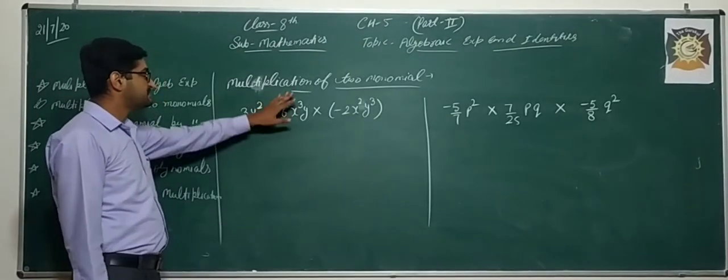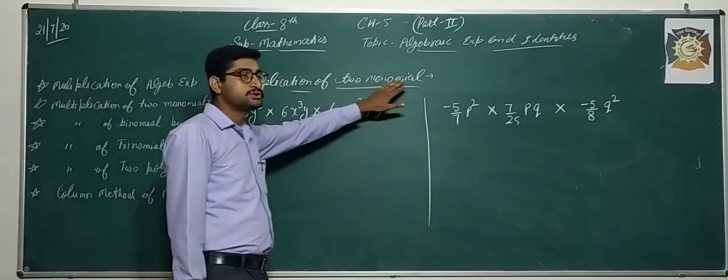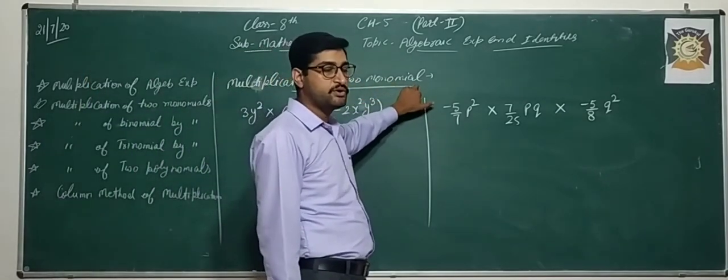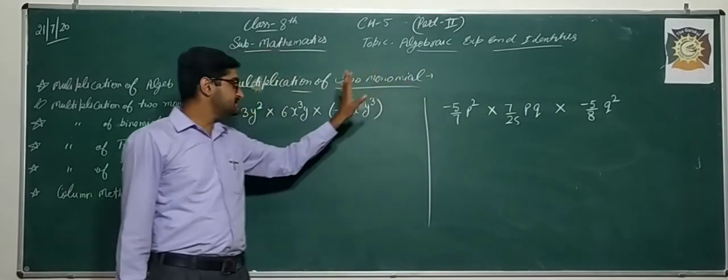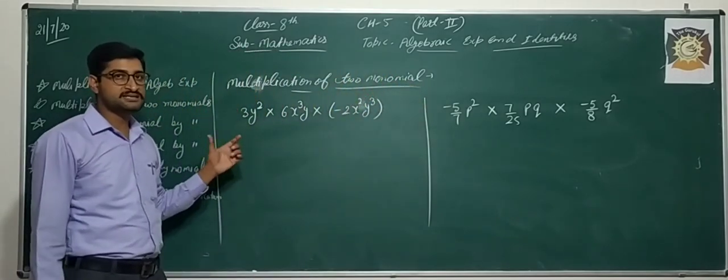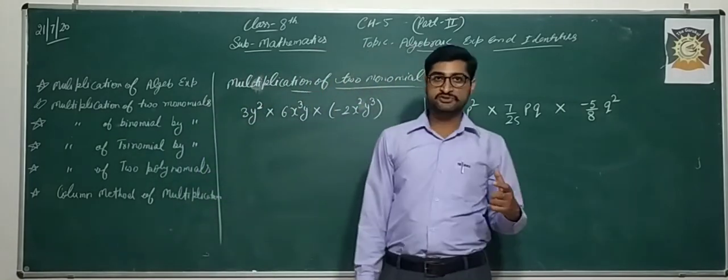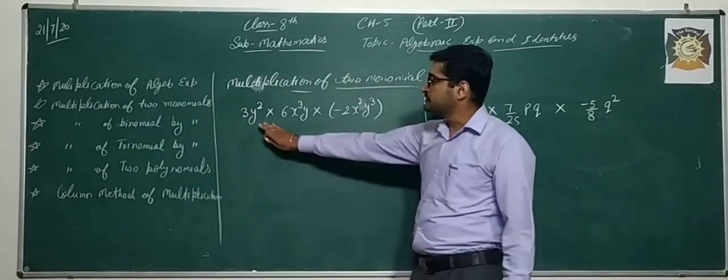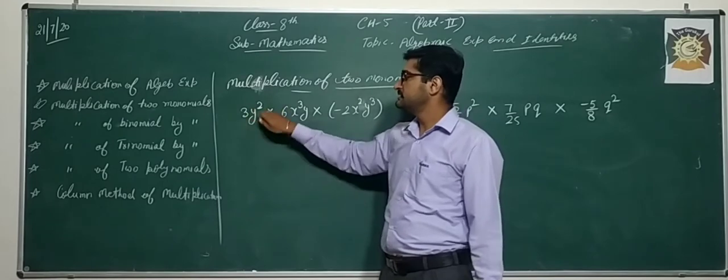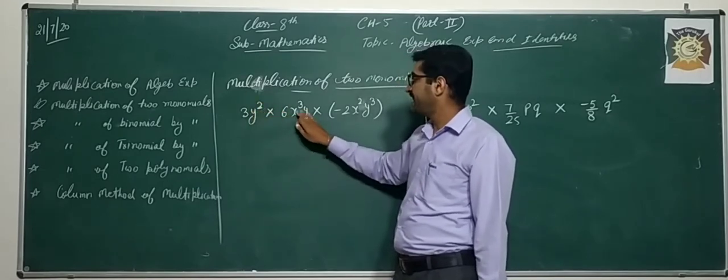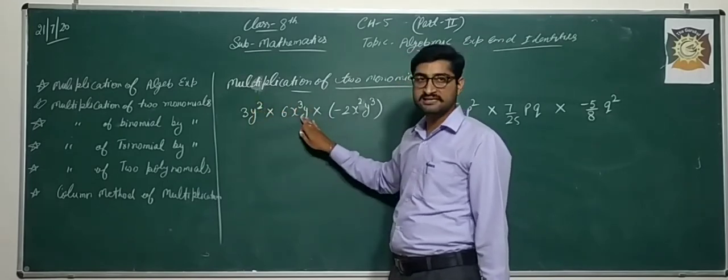Now the next topic is the multiplication of two monomials. Monomials, as you can see, are algebraic expressions having a single term. So here you can see 3y square, it has a single term. 6x cubed y, it again has a single term.